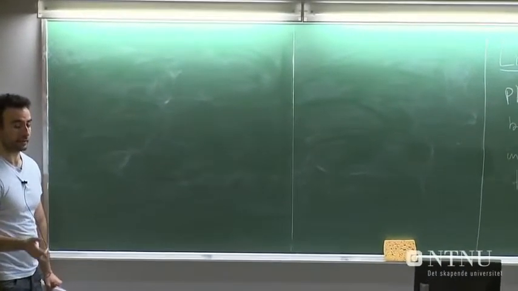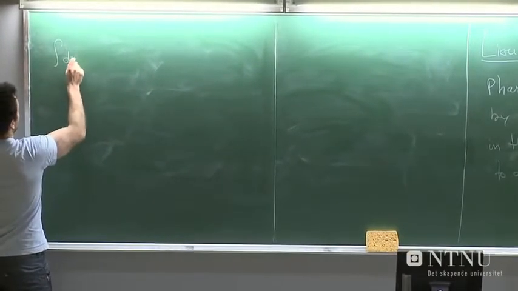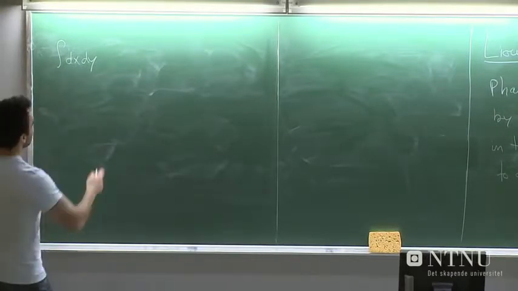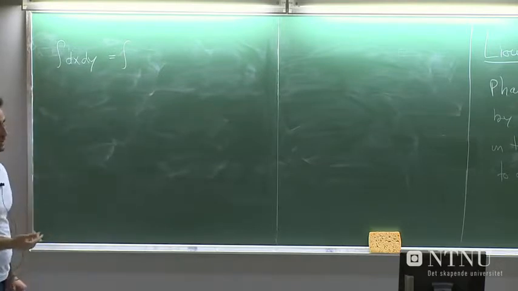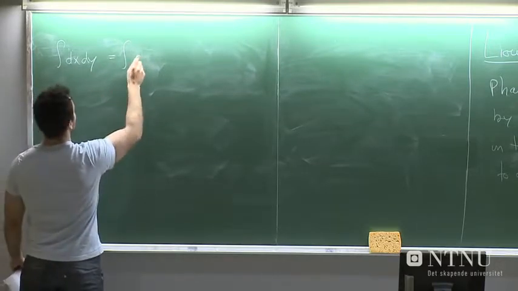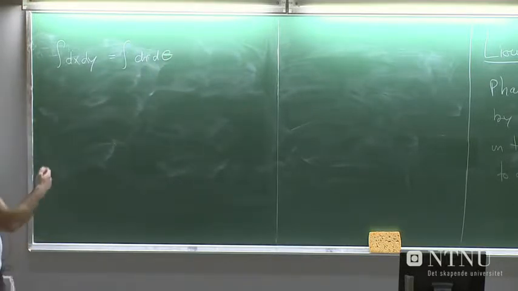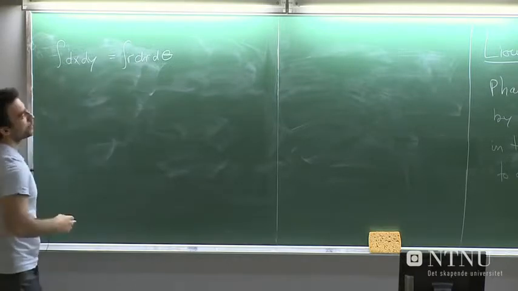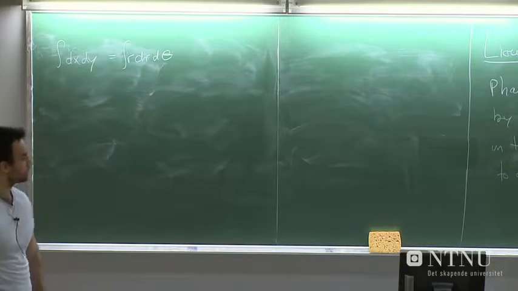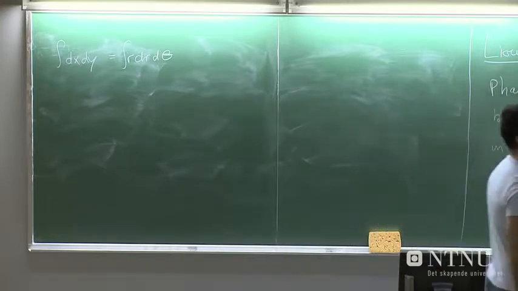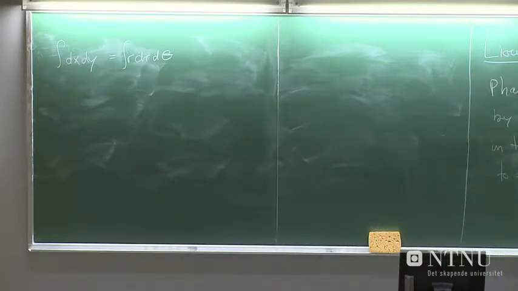A familiar example of this would be going from Cartesian to polar coordinates, where we would have dx dy in 2D for an area element. Now, if we just forgot about the Jacobi determinant, one might conclude that this should be equal to this. But this is not the case, because we need an extra r here, which stems precisely from the Jacobi determinant. Now, the point is that you may prove, using Hamilton's equations, that the Jacobi determinant for a canonical transformation is 1.